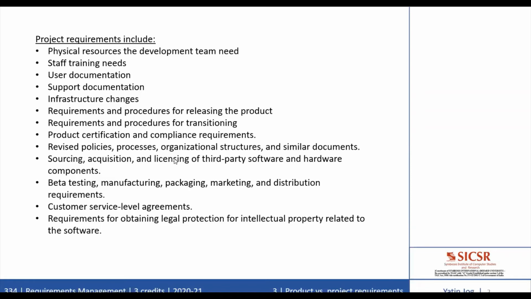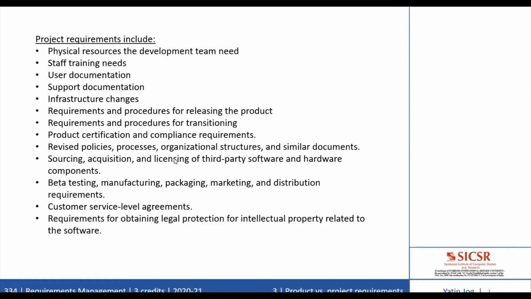As per the project and its domain, different trainings are also required. Third is user documentation, which includes training material, tutorials, reference manuals, and release notes. Fourth is support documentation, such as help desk resources and field maintenance and service information for the hardware devices and similar information. Next is infrastructure changes needed in the operating environment, in the current environment.